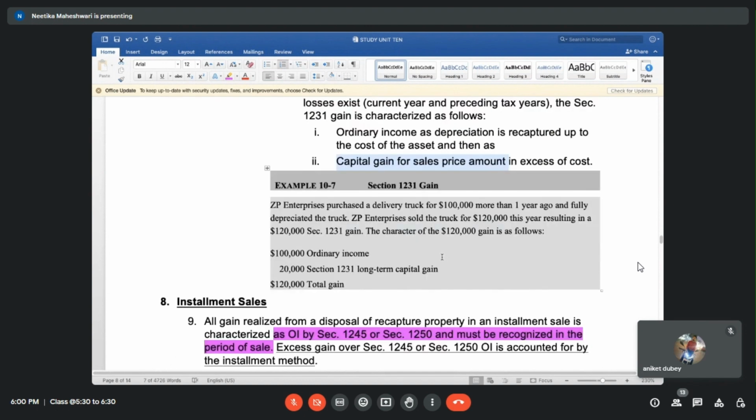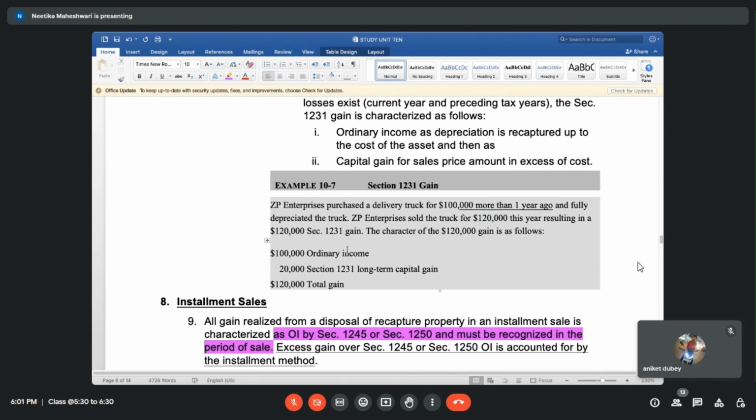Let's go over this example. 10.7. ZP Enterprises purchased a delivery truck for 100K more than a year ago, and it was a fully depreciated truck. ZP Enterprises sold the truck for 120K this year, resulting in a 120K section 1231 gain.